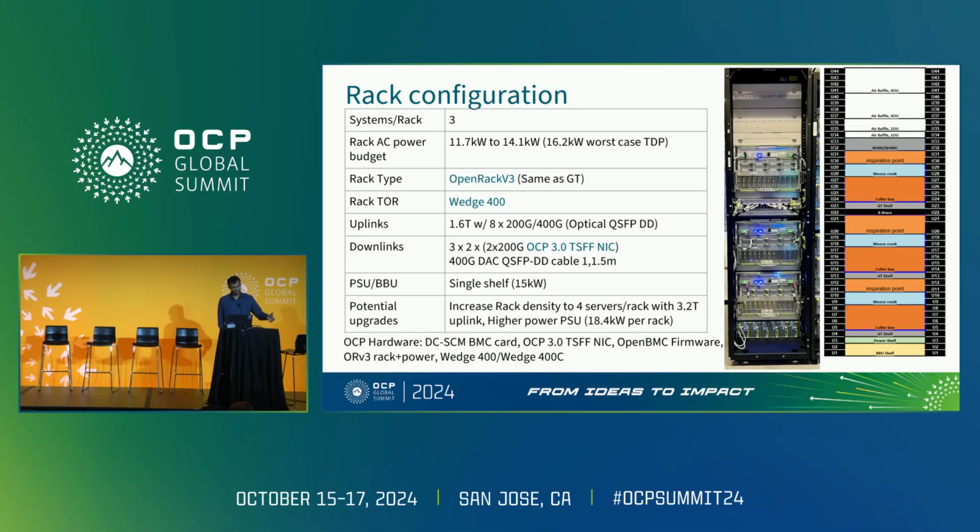There's a lot of OCP leveraged hardware in this rack. We use the DC-SCM BMC modules for the motherboards, and the NICs are OCP 3.0 TSFF 400 gig NICs. The overall rack is ORV3, and the Wedge 400 variants are also released into OCP.